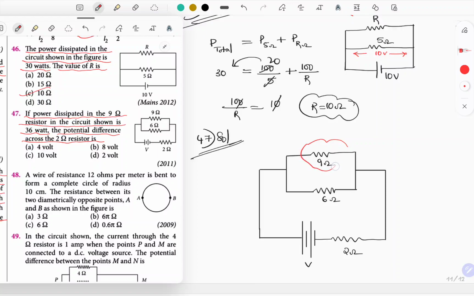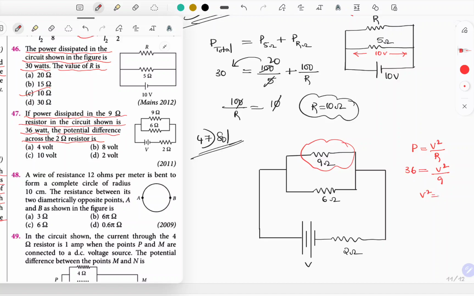So let's talk about this. For the power formula, either V square by R or I square R, you can use both of them. Let's use the V square by R formula so that we can answer the voltage across the 6 ohm also, because they are connected in parallel, right? Power is equal to V square divided by R. So 36 watts is V square divided by 9.